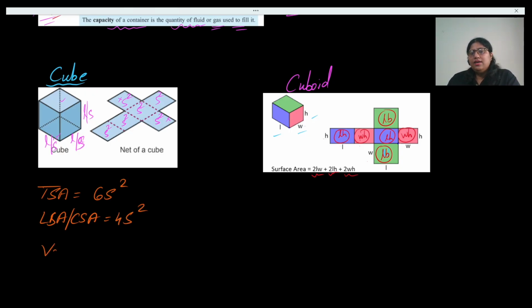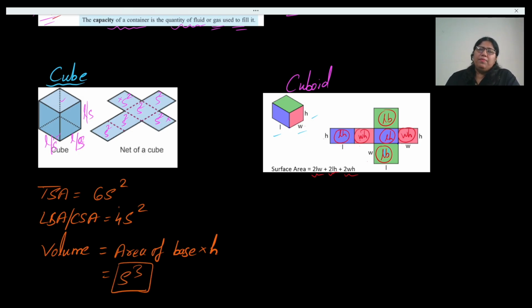Similarly, the volume of this cube is always area of base into height. The base area is L into B and the height is H. L and B are both s and the height is also s, so it becomes s cubed. These basic formulas you have to remember for these common figures.